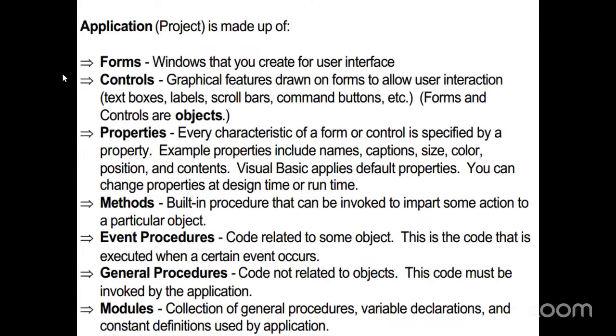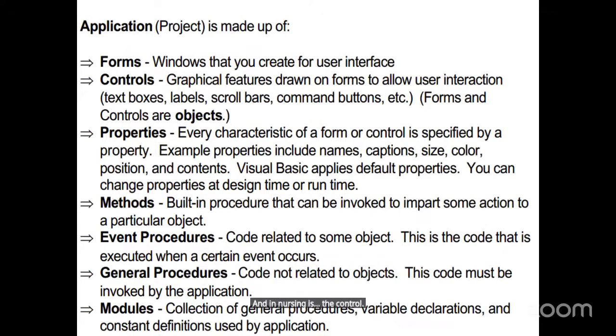So let's move on. This whole thing here is basically what we'll be dealing with. I've shown you the interface, and that interface I showed earlier is made up of all of this. One, the form, which I've explained. The next thing is the control.